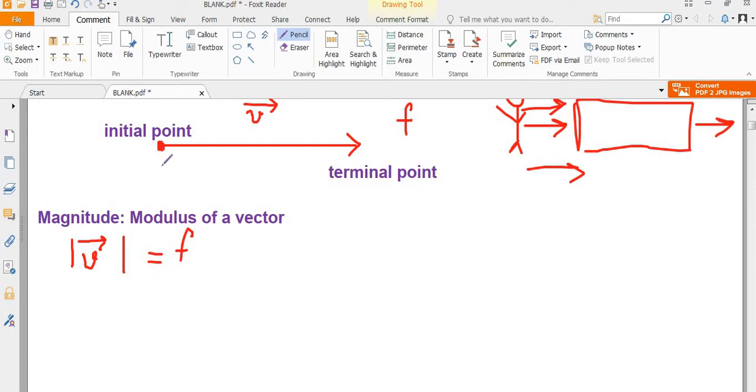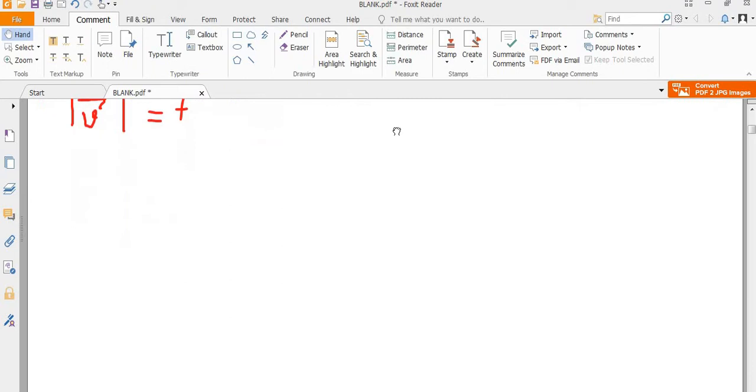You can also think of it as how long this line is, because when we draw a longer line, we think of vectors with a higher magnitude, and when we draw shorter lines, we think of magnitudes which are smaller in comparison to the earlier vector. That is basically the modulus of a vector.